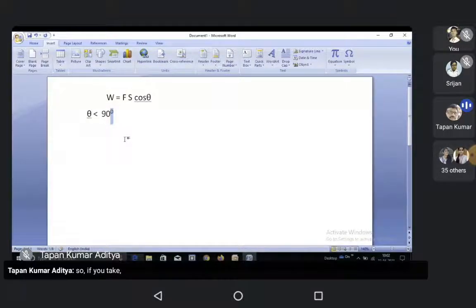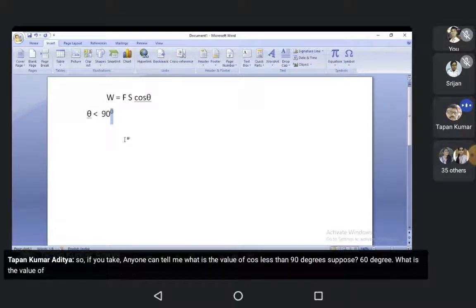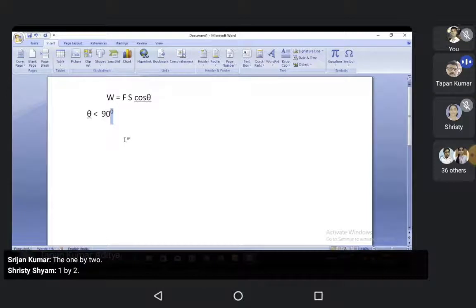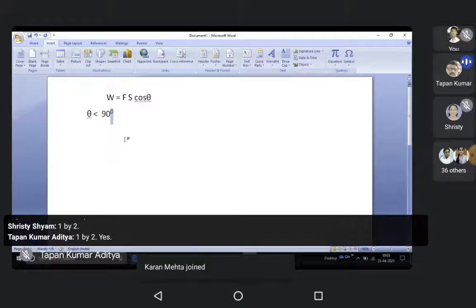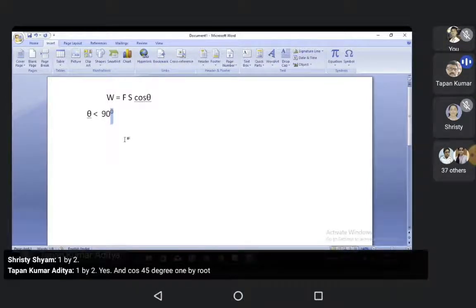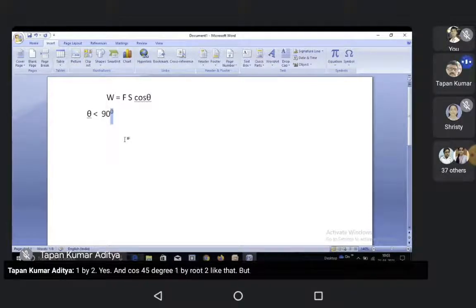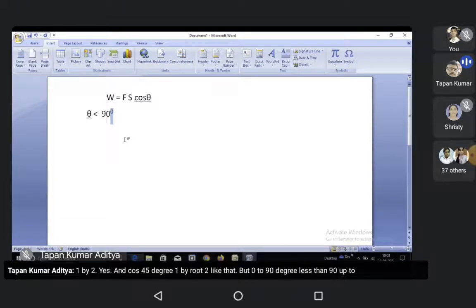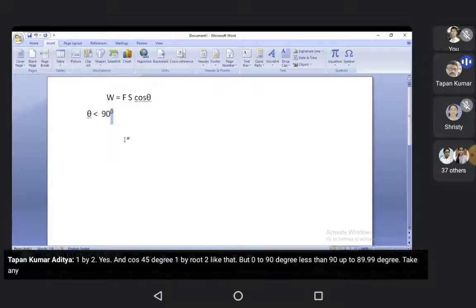Can anyone tell me the value of cos for an angle less than 90 degrees, suppose 60 degrees? What is the value of cos 60 degrees? 1 by 2, yes. And cos 45 degrees is 1 by root 2. Like that, from 0 to 90 degrees, up to 89.999 degrees, take any value of theta less than 90, the value of cos of that angle will be positive. Cos 60 degrees is 1 by 2, a positive value.